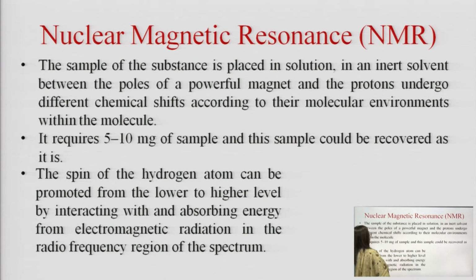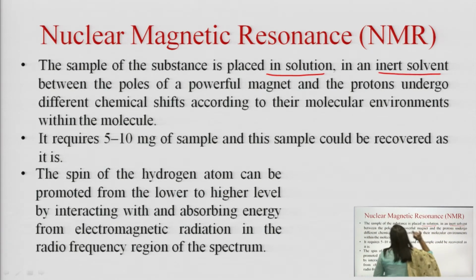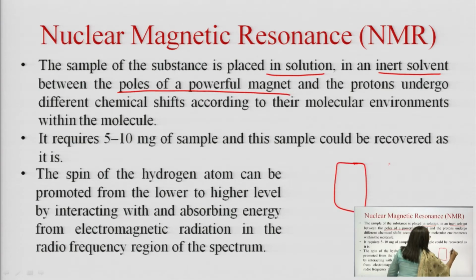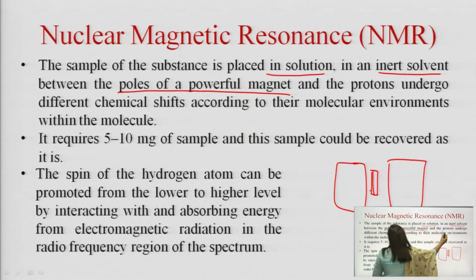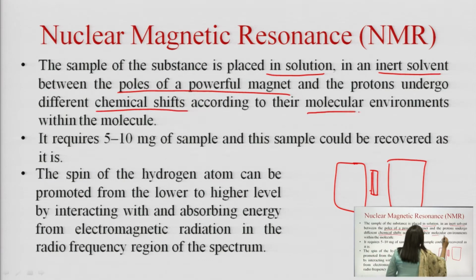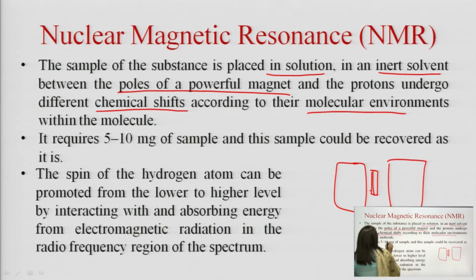The sample of the substance is placed in solution in an inert solvent between the poles of a powerful magnet. There are two poles of a powerful magnet, and in between, the sample is kept. Protons undergo different chemical shifts according to their molecular environment within the molecule.